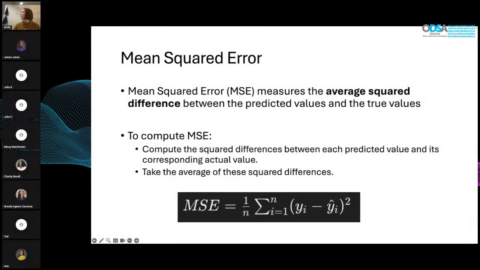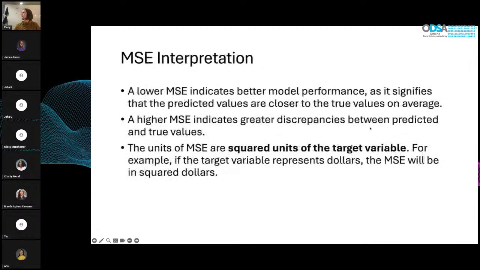Let's talk more about mean squared error. Okay, so mean squared error interpretation, how would you read the value? Really similar to mean absolute error. A lower mean squared error indicates a better model performance. It signifies, again, the predicted values are closer to the true values on average.